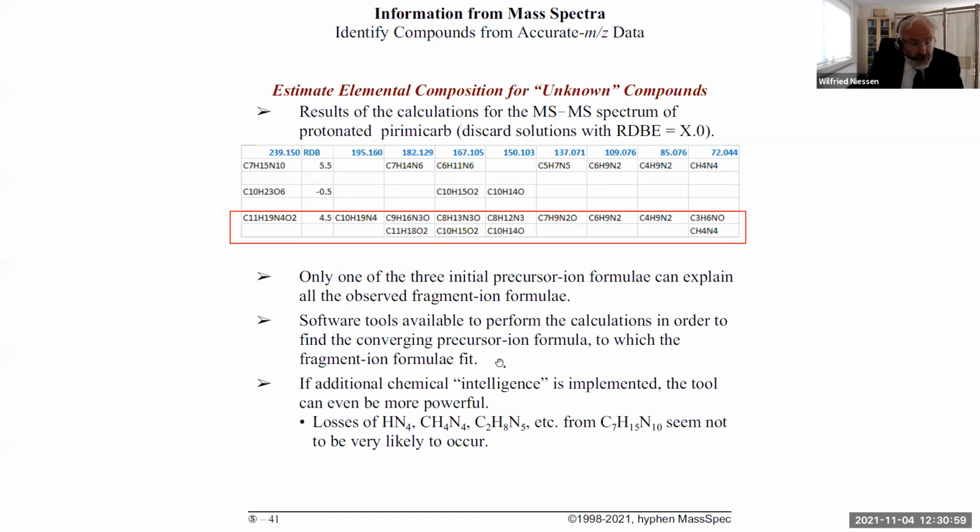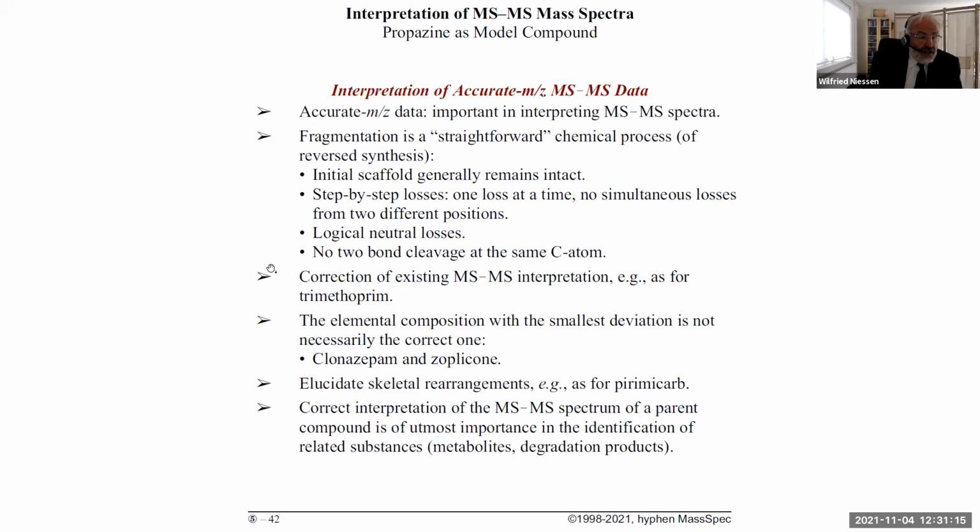But these softwares are available, so this is something you can do. And then you use the elemental composition of the product ions to get greater certainty of the elemental composition of your unknown. That's basically what I wanted to show at this stage.